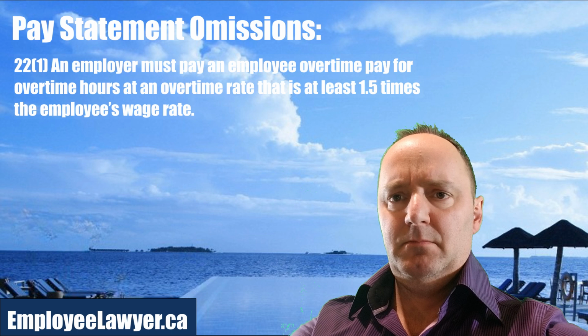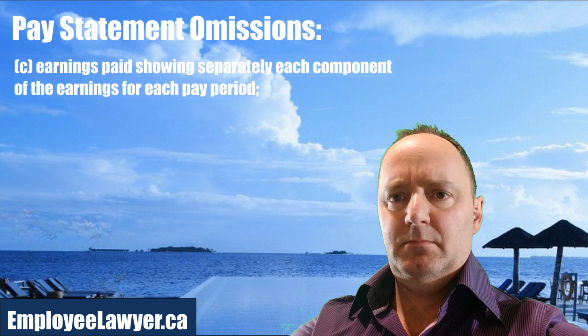So we next go back to the next aspect, which was 14 sub 1C. Earnings paid showing separately each component of the earnings for each pay period. And what this in fact requires us to do is to find out what those components are that they're talking about.